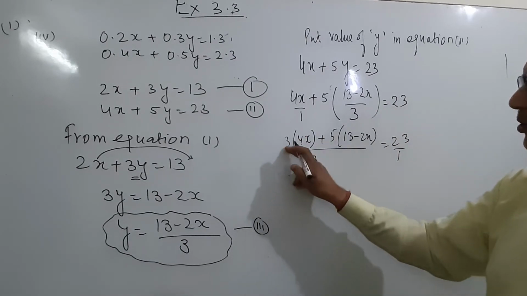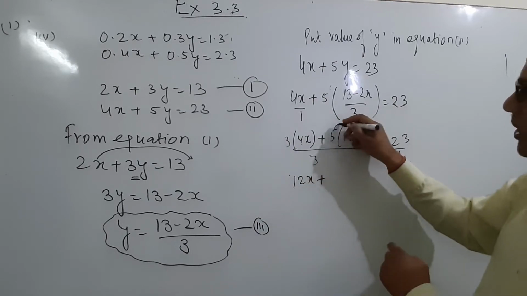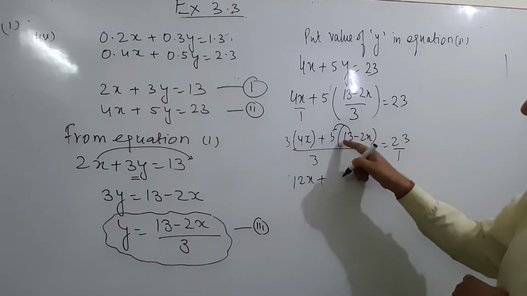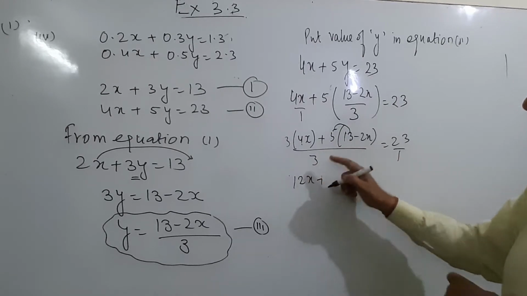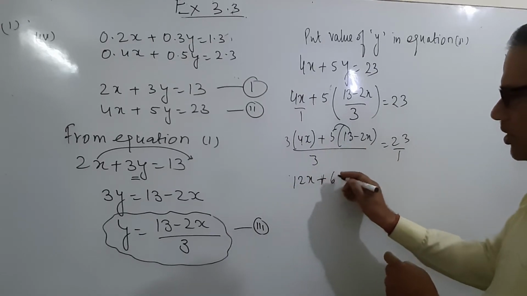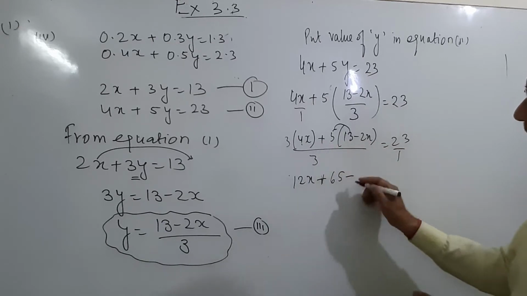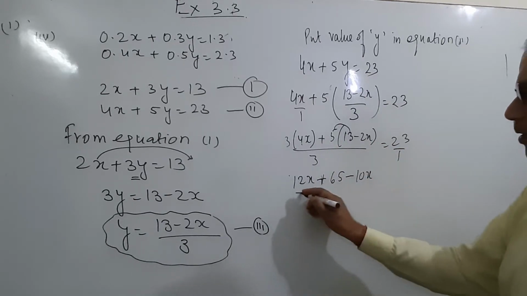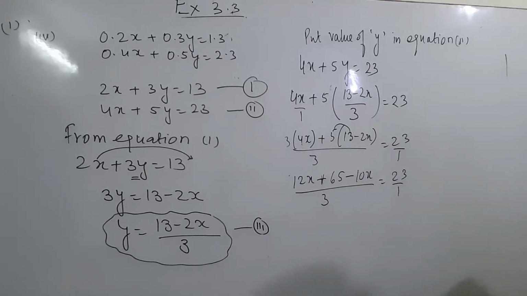Open bracket. 3 fours are 12x plus 5 multiplied by 13. Now you can write directly: 65 minus 5 multiplied by 2x, that is minus 10x, upon 3 is equal to 23 upon 1.